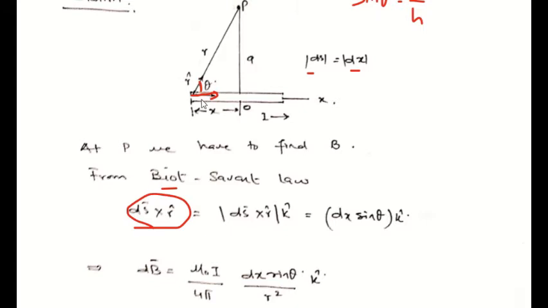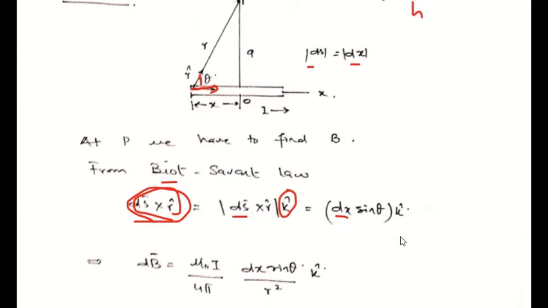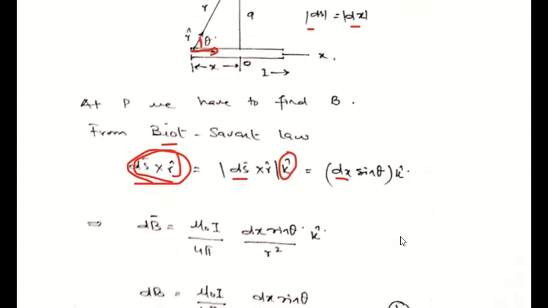If the length element is pointing in the x direction and the unit vector r is pointing in the y direction, then obviously their product will be pointing in the z direction. So that is why I have unit vector k over here, and simplifying it, replacing this ds with dx, we get dx sine of theta unit vector k, as the magnitude of unit vector r is equal to 1.